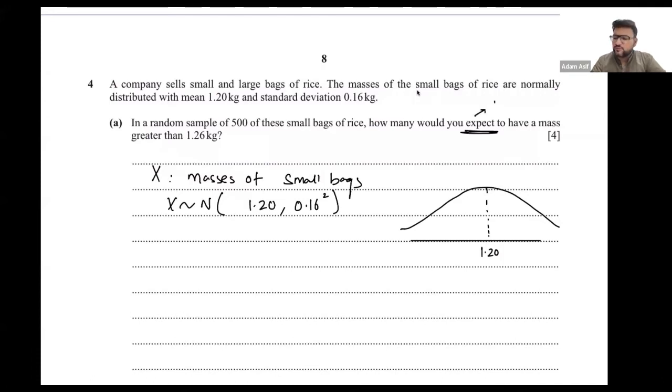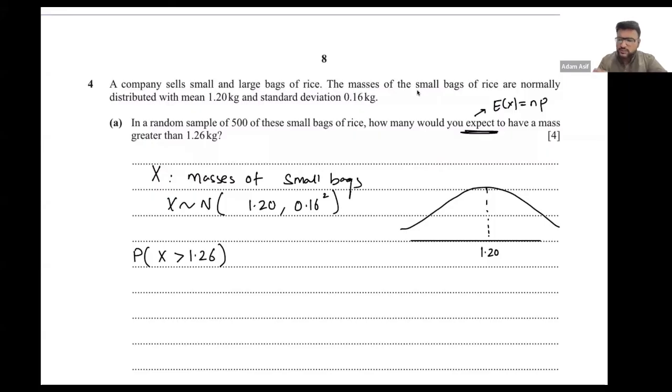The expected value is calculated as NP. We know the value of N. There are 500 of these small bags. P is the probability of success over here. P is the probability that a single bag will have a mass greater than 1.26 kg. So first find the probability that a single bag will have a mass greater than 1.26 kg.